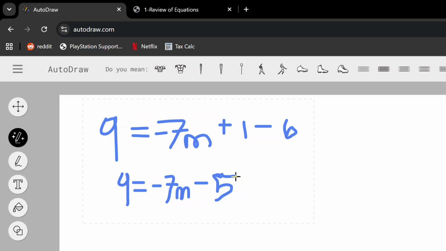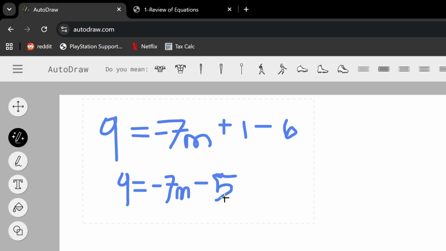Cool. Now we're at this stage. If I want m by itself, the next thing I should do is move this 5 to the left side. We can just add 5 because we're not dividing anything, since there's no variable here.